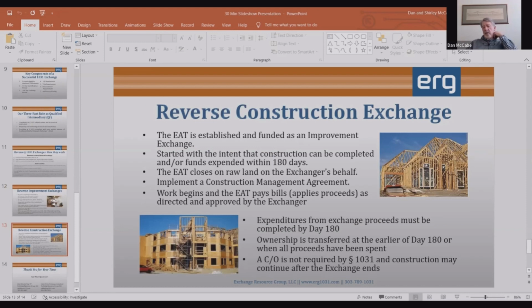Reverse construction exchange, same basic course. We just put a different saddle on it and ride it to a different location. The inherent problem with total construction is the governmental permitting. We can do this if the client has, and I had one in San Antonio a while back, where the client, with the seller of the dirt, had reached an agreement and they went through all the planning and zoning processes before there was an actual sale.